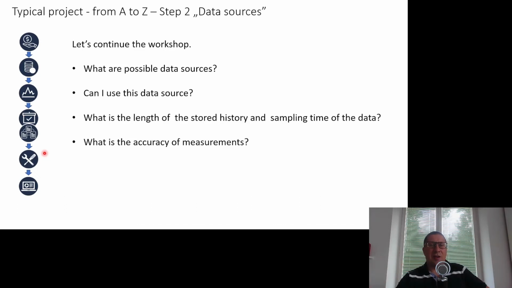So we have to think, what are the possible data sources? Maybe in case of underground gas storage, we have a control system that controls devices in a plant, that tracks flows, pressures, volumes of gas stored in caverns. And of course, we can try to export this.